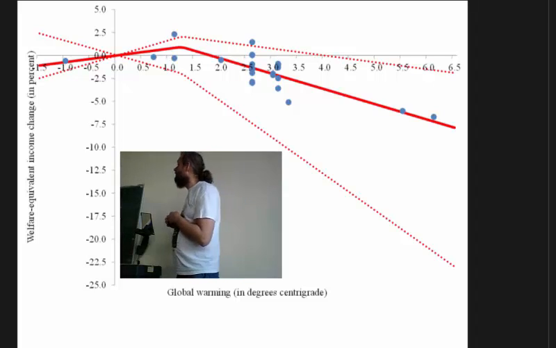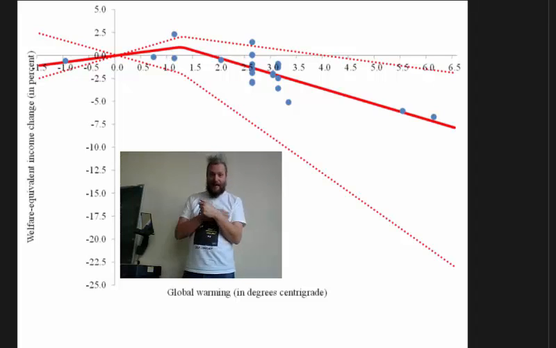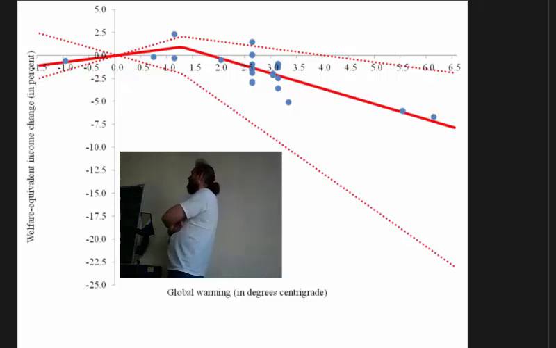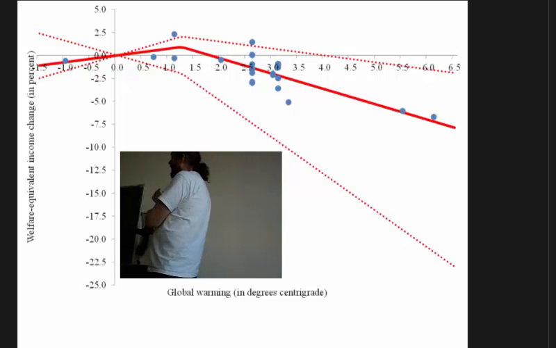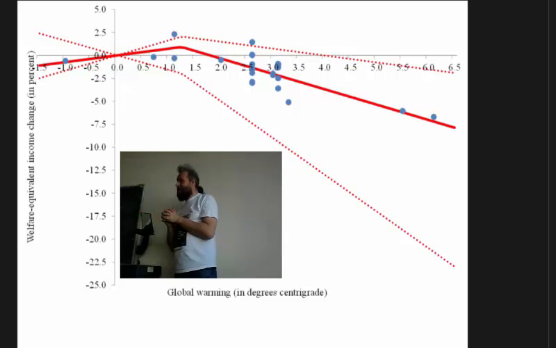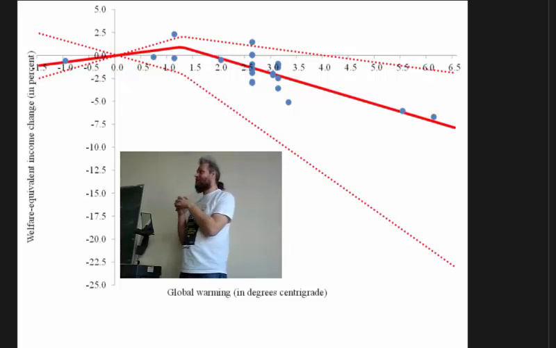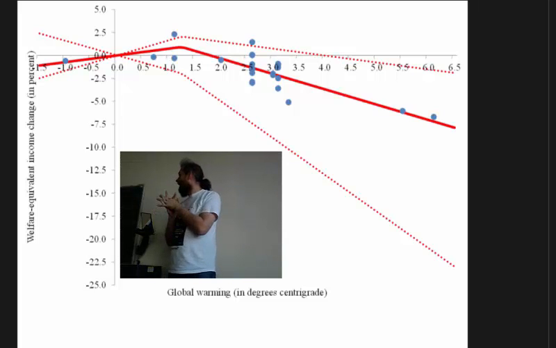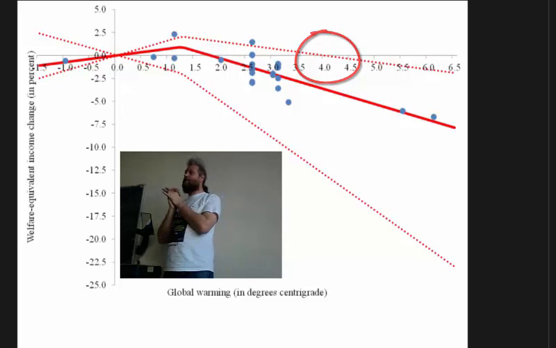That is, some people say that this would actually still have a positive impact on human development. And indeed, if we take the red dotted lines, which is an estimate of something that you may consider to be the 95% confidence interval, then we would see that the impact of climate change does not significantly deviate from zero until we hit about 4 degrees warming.